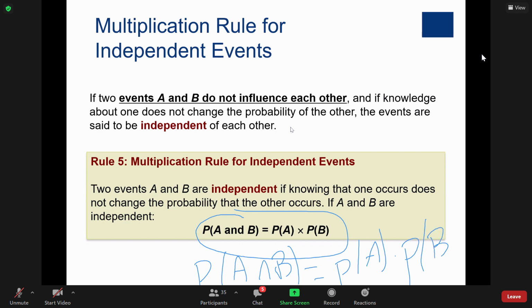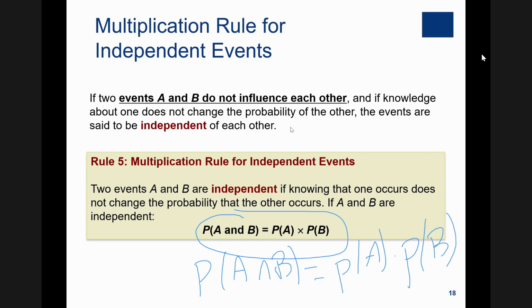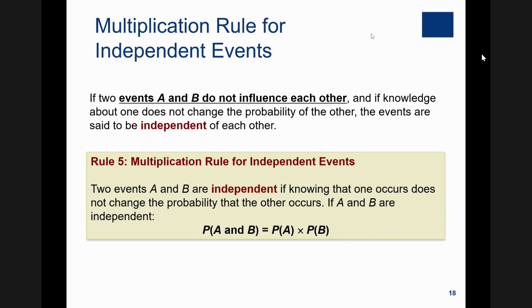If not, we have two dependent events. So when asked to prove that events A and B are independent, we just have to verify whether this equality is true or not. If it's true, these events are independent. If not, they are dependent.